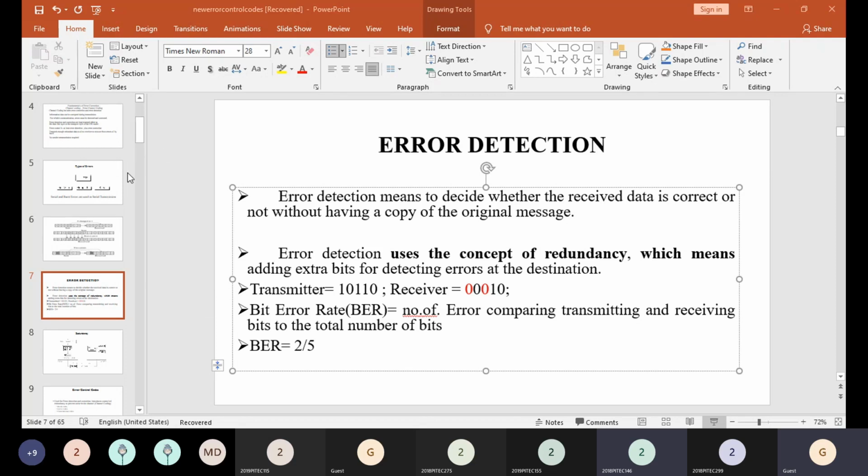So k bits are given as input and n bits are taken as the output. The channel is always considered to be unreliable, and in the receiver you need to have the reverse process of everything. So you have to pass the code word through the reverse process.